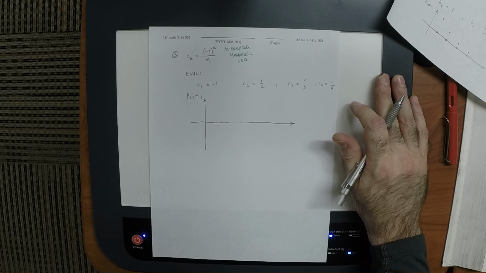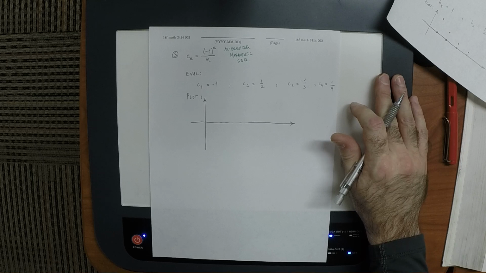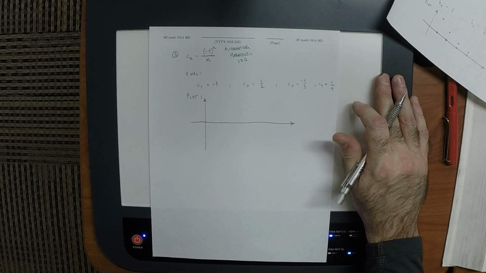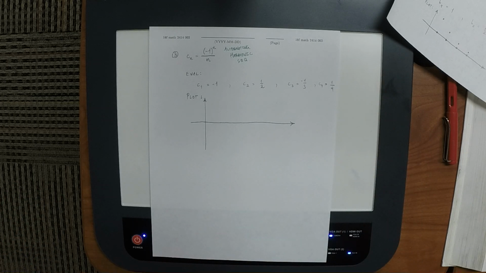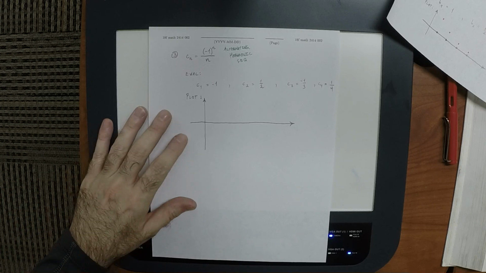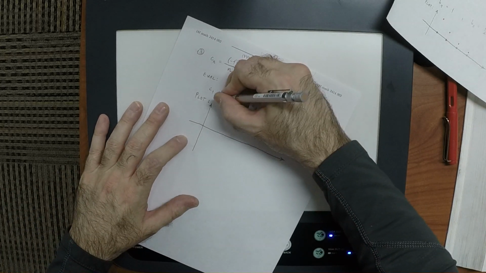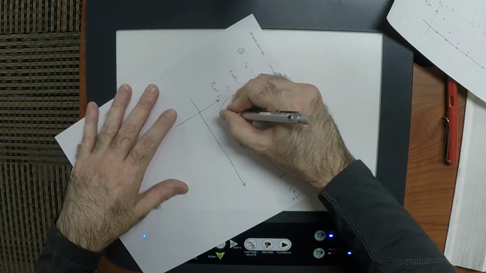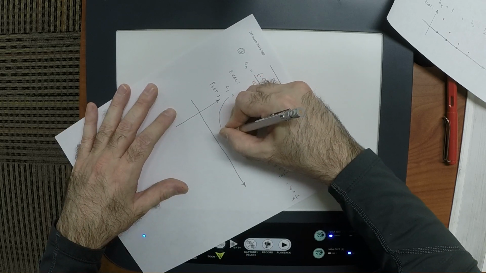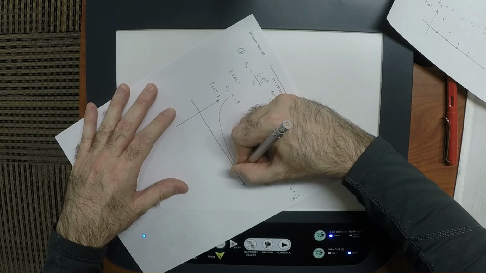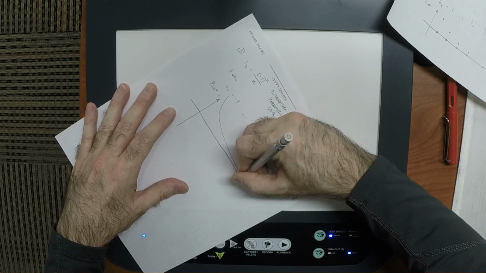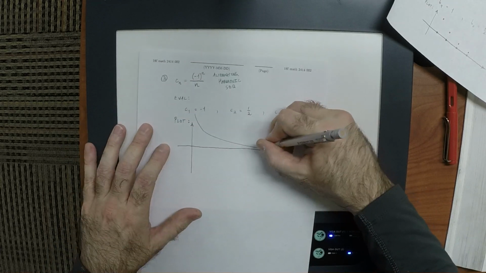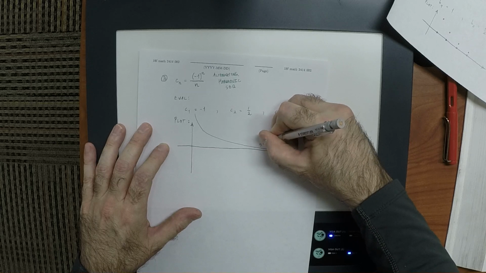So I'm going to plot f of x is 1 over x. I'm going to plot y as 1 over x, and also I'm going to plot y is negative 1 over x. Okay, so if I do that, then 1 over x will look like this. That's the plot of y is 1 over x.